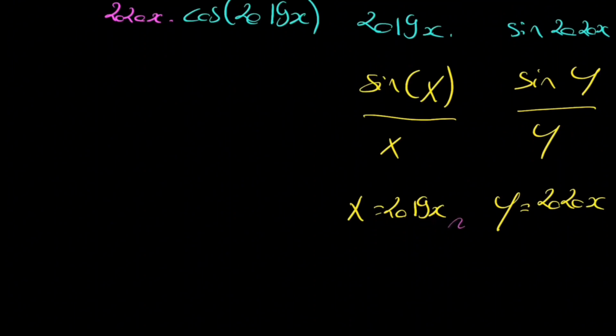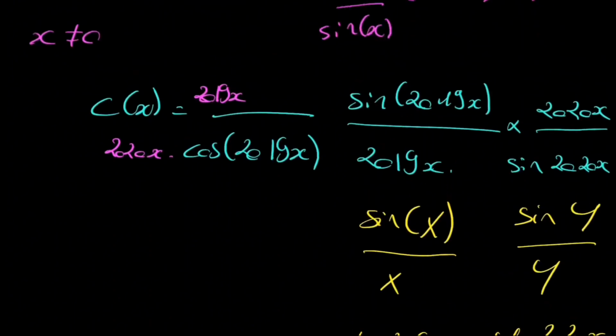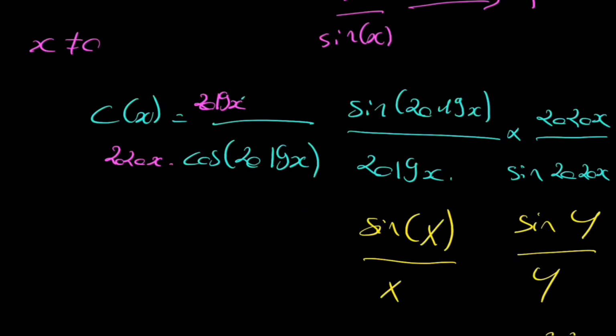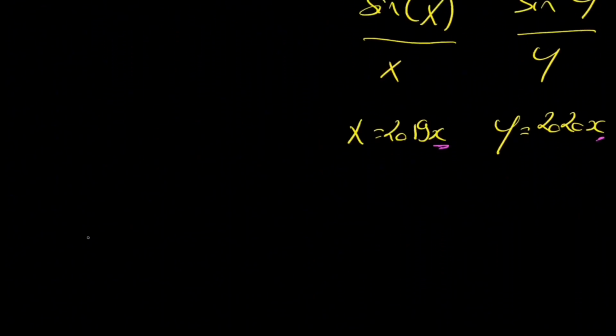So when little x tends to 0, capital X and capital Y tend to 0. Here we just have to simplify the x's together.